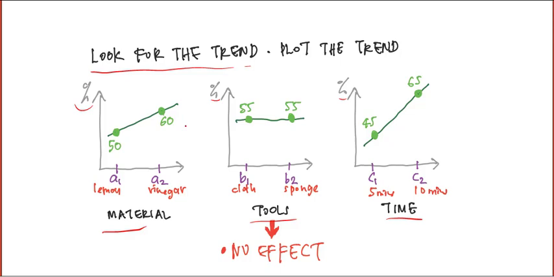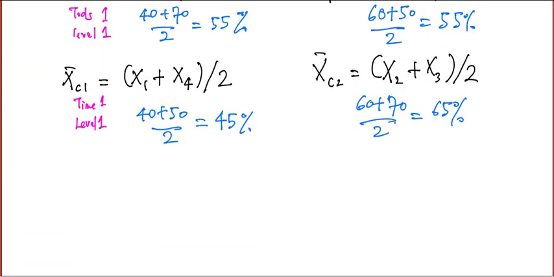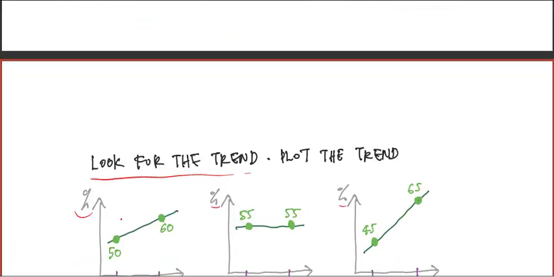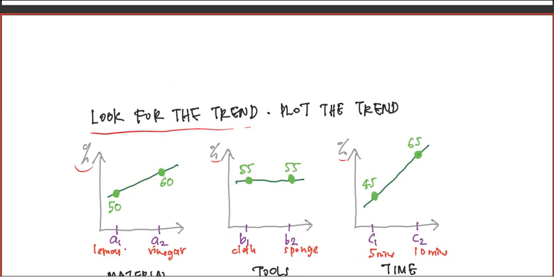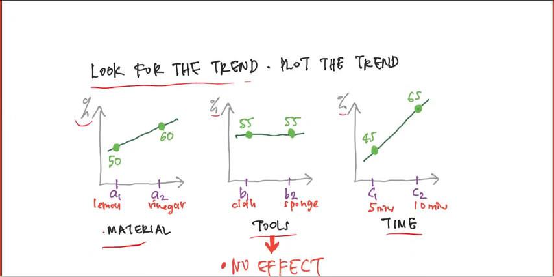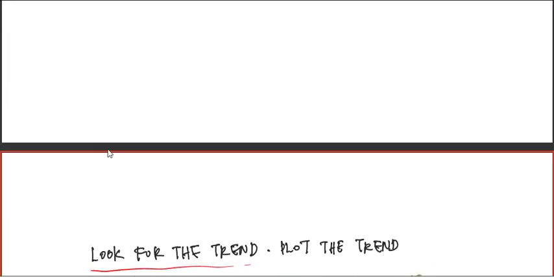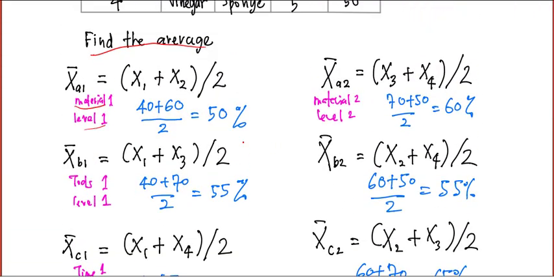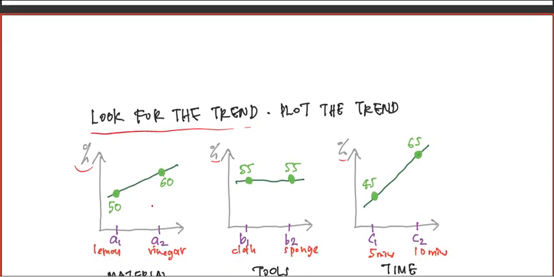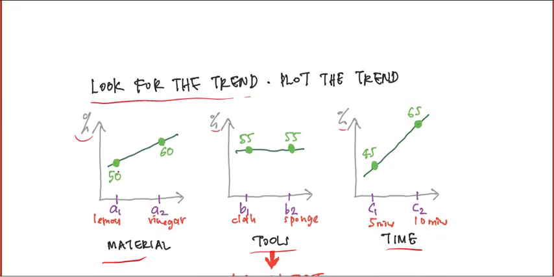If you notice here, we have calculated this average value. We put here for the first level of the first parameter, which is material, the average value is 50 here, and for the second material at the second level is 60%. So it is like this. The graph which we draw is like this.